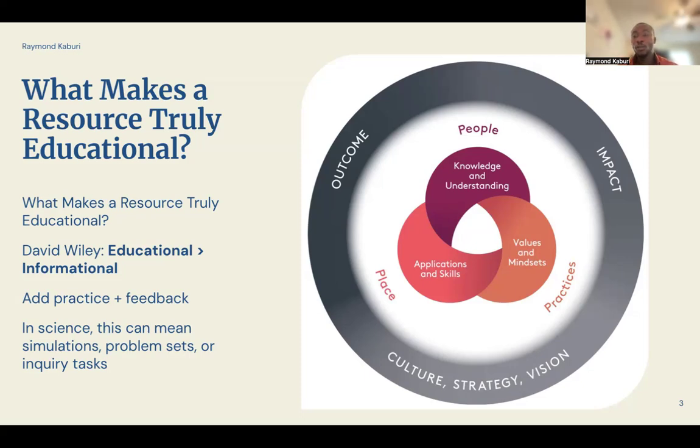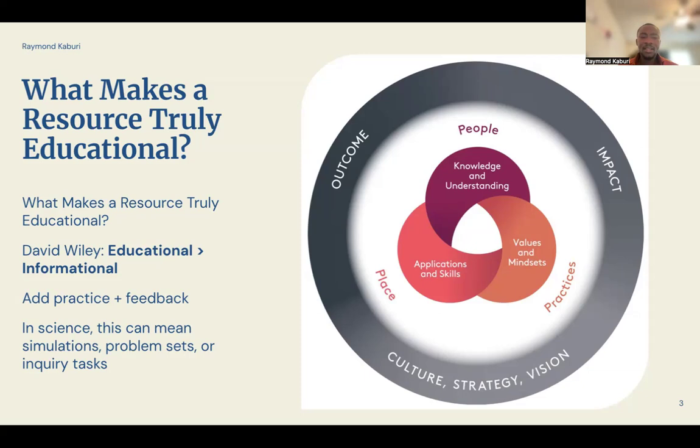They also provide a lot of information with regards to the things that we do, understanding the content knowledge that we are going to teach, the application of it, the outcome, the places, the people that are going to use it, the practices, the values of our mindset. These are all things that AI brings into play, and it makes things easier and more efficient when used the right way, by following the right tools and ethics.